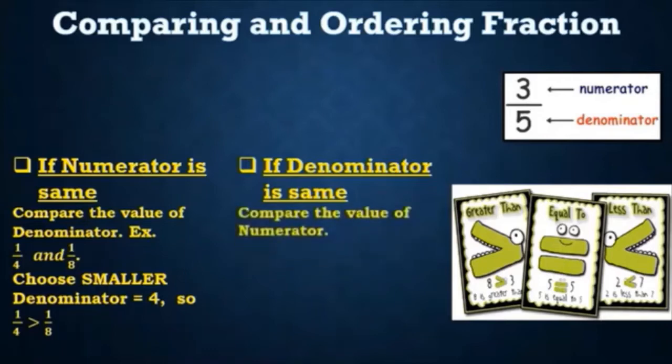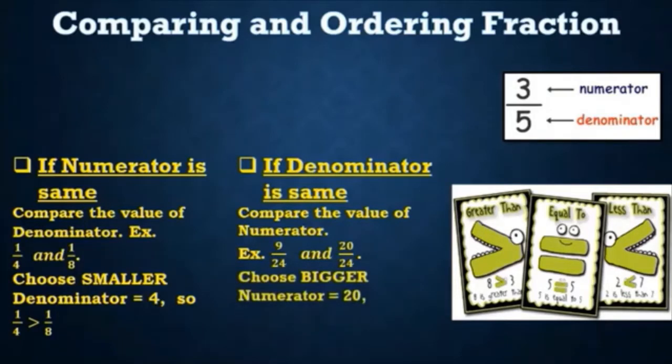If the denominators are the same, we'll compare the value of the numerator. For example, 9 by 24 and 12 by 24. We have to choose the bigger numerator, which means 12 by 24 is bigger than 9 by 24.